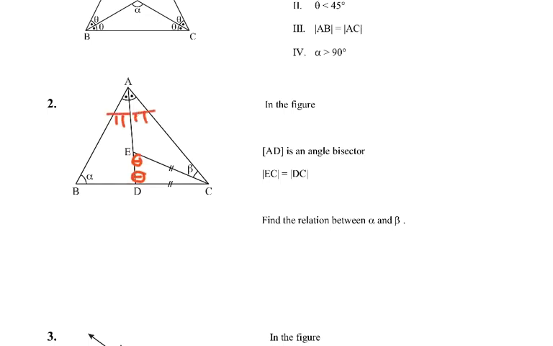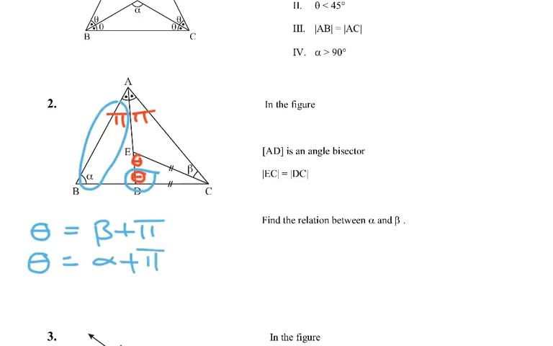Theta must be equal to beta plus P, because this external angle adds up to the sum of these two interior angles. And then if we use the same rule, using this theta as an external angle, we can see that theta is also equal to alpha plus P.